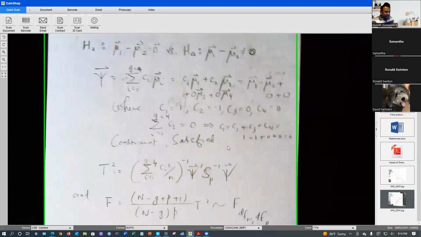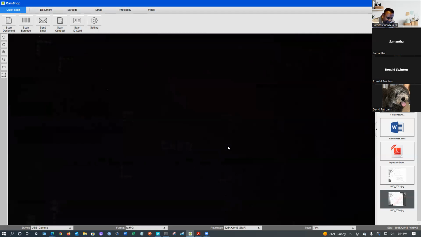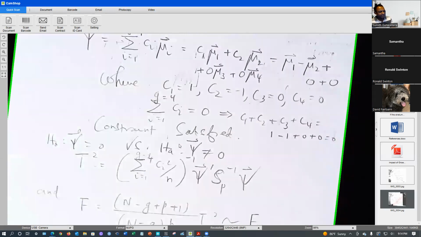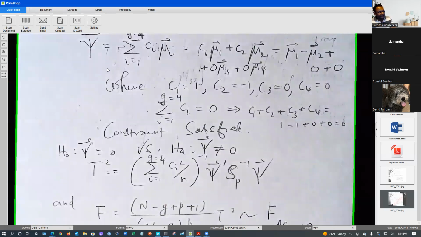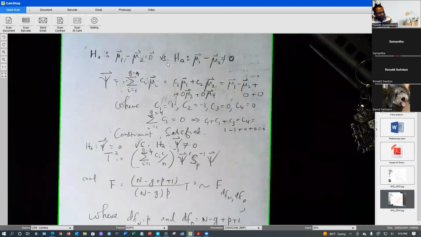So that means that whatever you have on top, equivalently, you can say H naught: the contrast equals 0 versus HA: the contrast not equal 0.